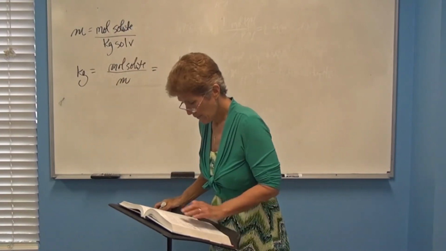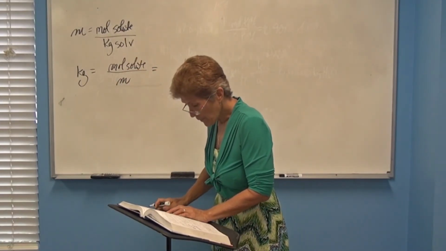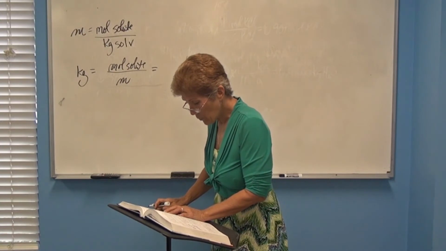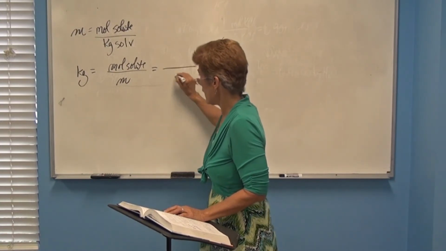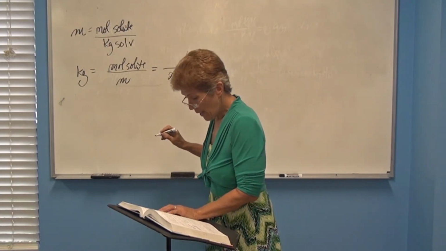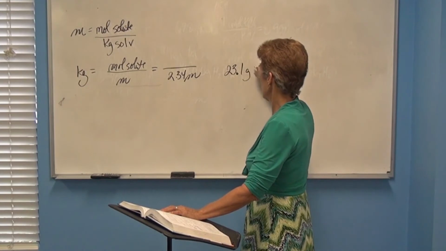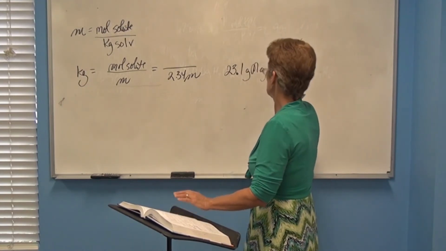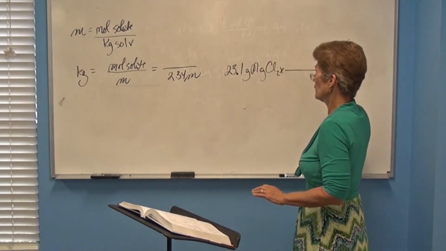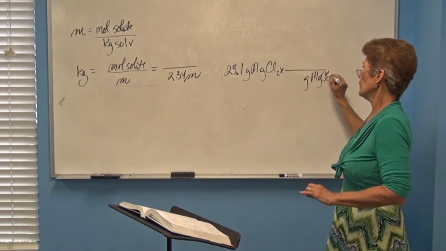I just solved for this because that's what they asked for. The molality is given to us as 2.34 molal, and we are given 23.1 grams of magnesium chloride. So we are just going to find the moles of that.